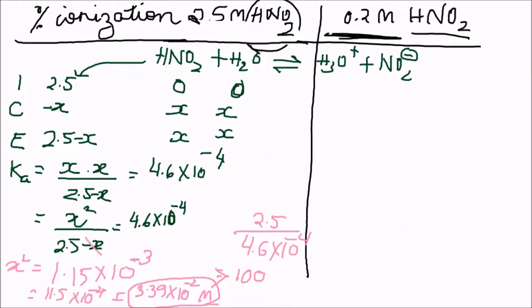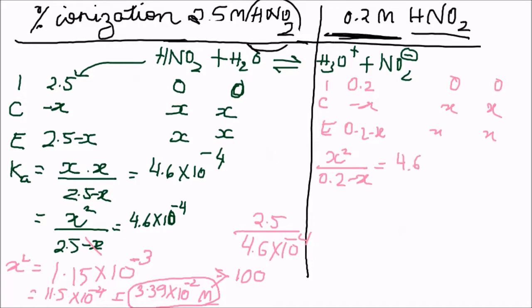I want you to do the same thing, so set up the ICE table for the lower concentration, which will be 0.2, and I really want you to do this. I'm just going to write down what it'll look like. The Ka in this case is going to be x squared divided by 0.2 minus x is equal to 4.6 times 10 to the power of negative 4.